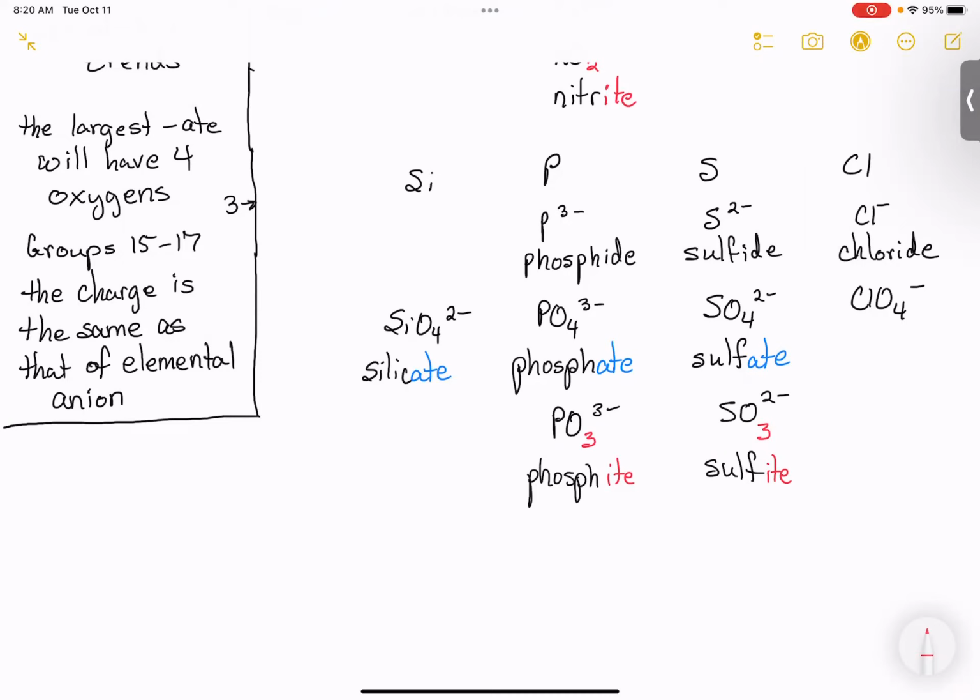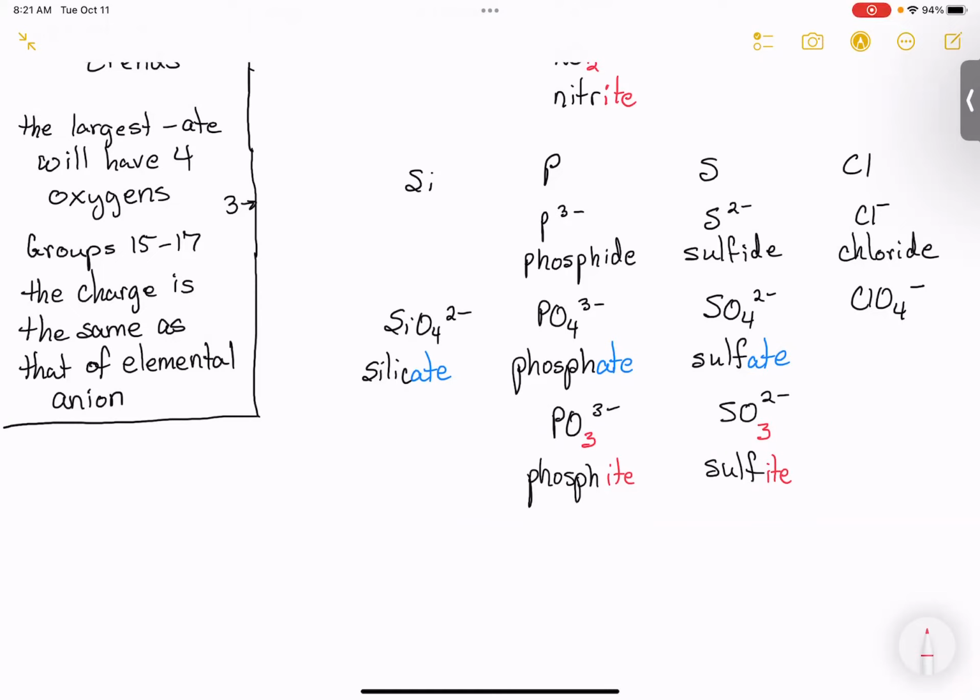That means there's a lot of stuff I don't memorize. Nitrate to nitrite, I don't memorize the ites in any of it, because to go from an ate to an ite, all I do is drop an oxygen. I don't memorize arsenic, selenium, and tellurium, because I know how the element above those particular elements behave.